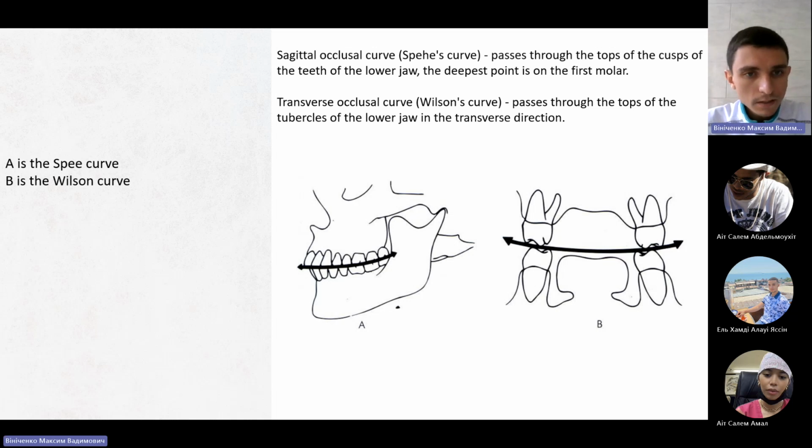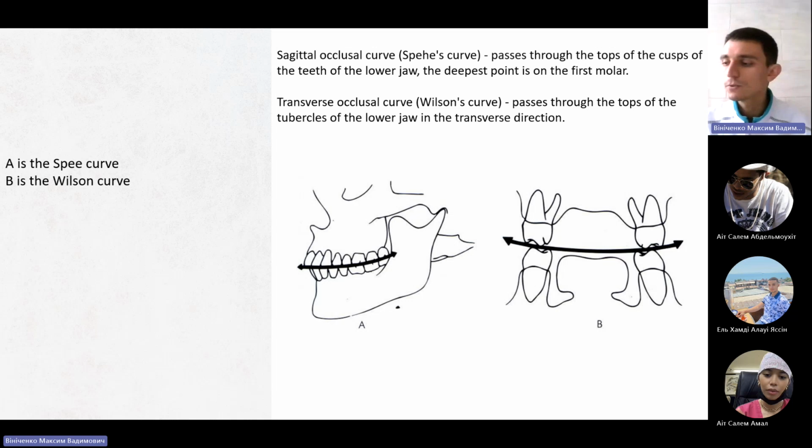If we talk about pathology, for example class 2 division 1 patients, they have a stepped curve of Spee. It will have a step like this. It is also called a curve of Spee.